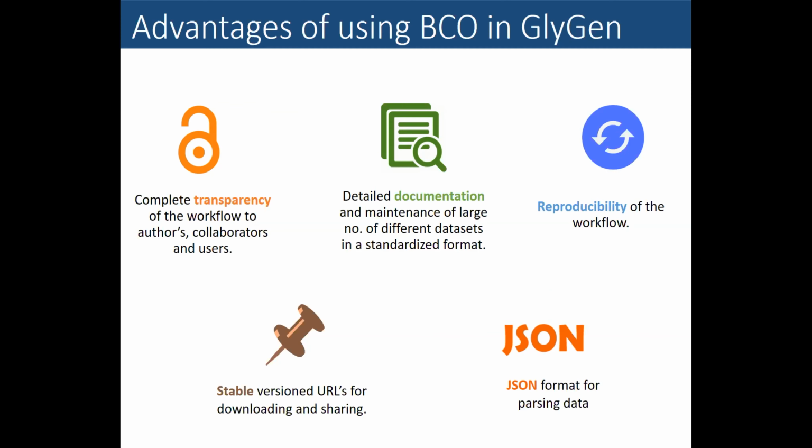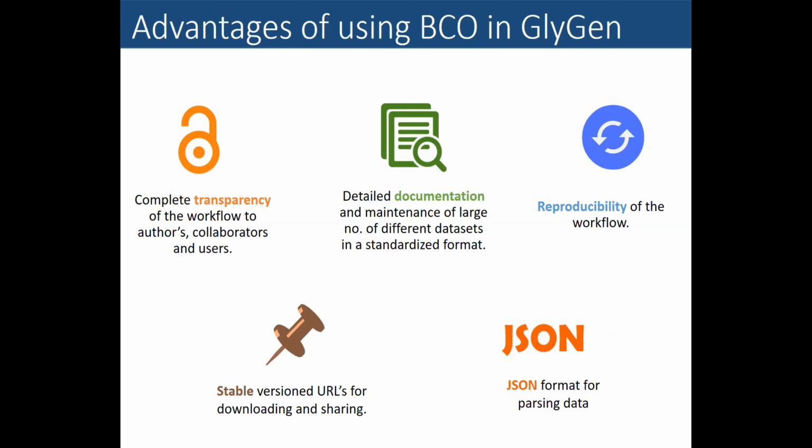Secondly, it allows us to provide detailed documentation and maintenance of a large number of diverse data sets in a very standardized format. Next, because the BCO also stores the links where users can download all the files, that workflow can be easily reproduced through the details provided in the BCO.